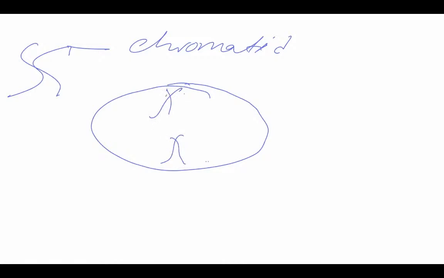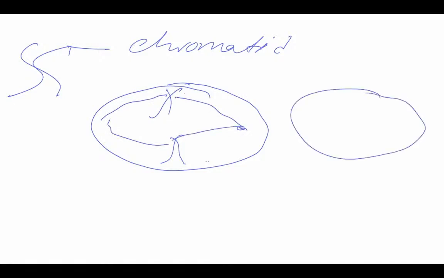Remember, at this point, it's just a chromosome. If this is metaphase 2, what happens in anaphase 2? This chromosome is supposed to split so that you have one part here and another part. It's moving this side. It's also moving this side. And you have another part here moving that side. If this is the pole, this is what they are looking for.